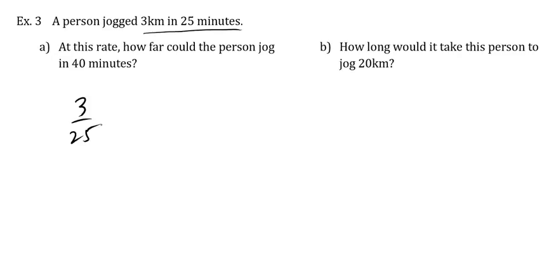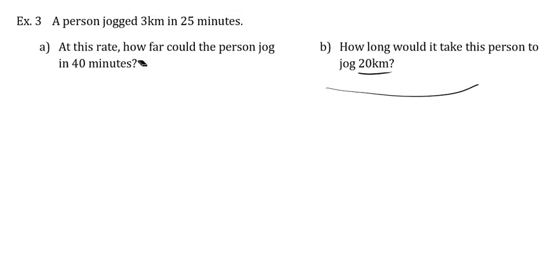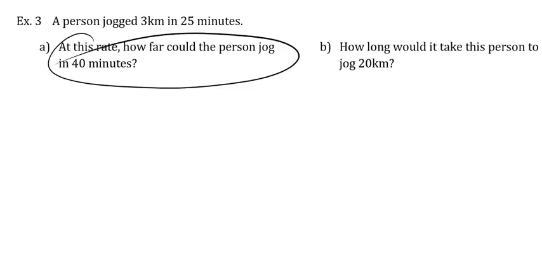The only reason why this is a little bit tricky, if you start with the part that you're given in the question up here, when I do B, so this is kilometers on top, I end up with 20 on top and X on the bottom. I'm doing the wrong question here, I know, but you see what I mean? So if you start with what you're given in the question, you might get X on the bottom. If I start with the question, how far, so that's distance, could the person jog in 40 minutes?